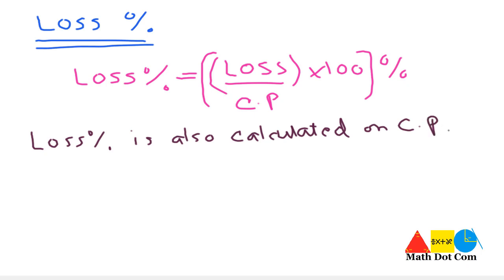So this formula shows that you have to calculate the loss percentage by keeping the loss and cost price in mind, that is, what is the percentage of loss that you got after selling a certain product having a sale price less than the cost price.